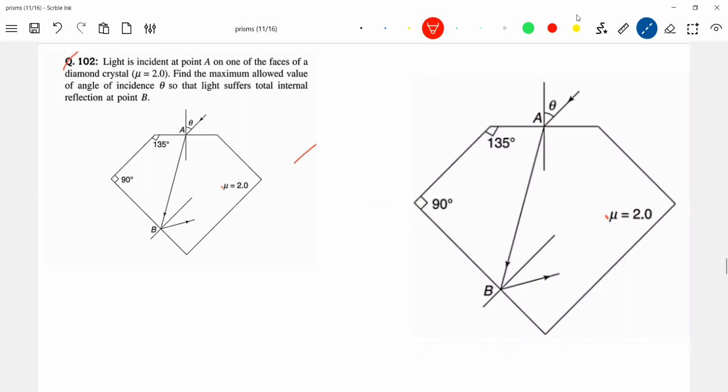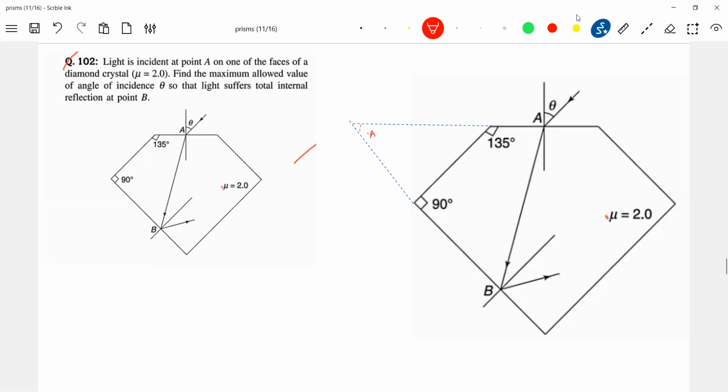Don't you think the simplest method is here? Shall we take it like this? It's not a prism, but I can assume there's a prism and an angle of prism.